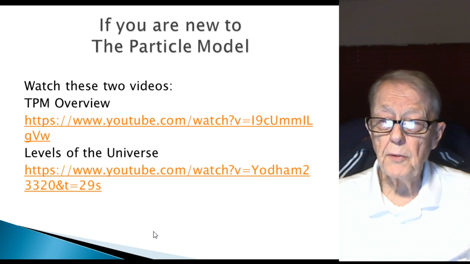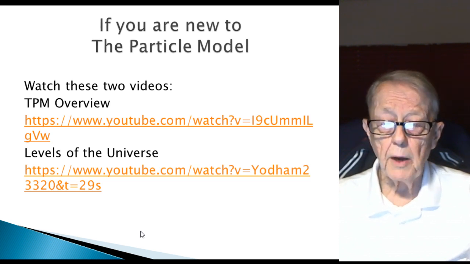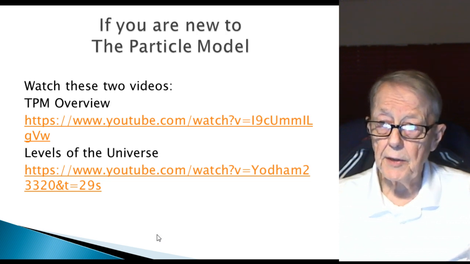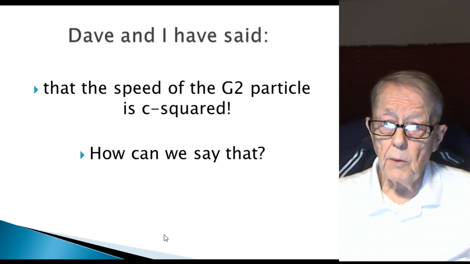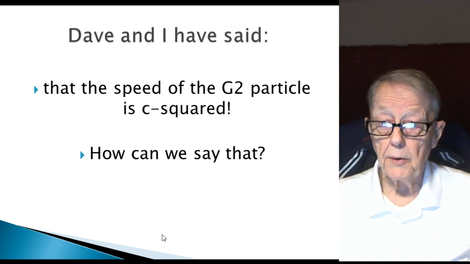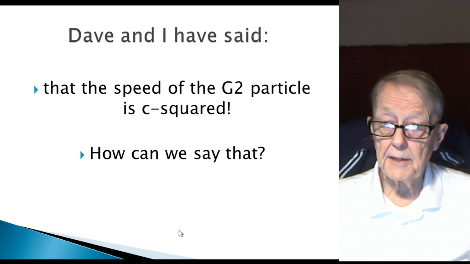They're not long, and you'll get a pretty good idea of what we're trying to say the particle model is. Well, Dave and I have said in our videos that the speed of the G2 particle is c squared. And we're being asked, well, how can we say that?